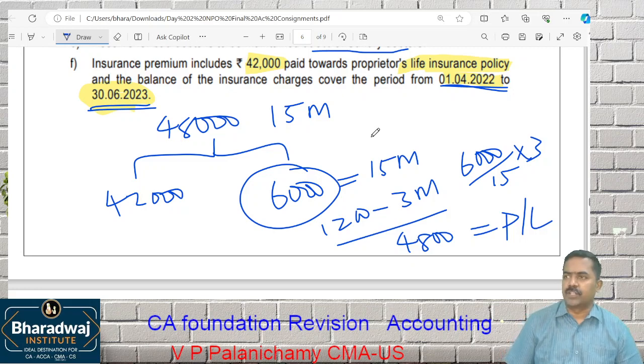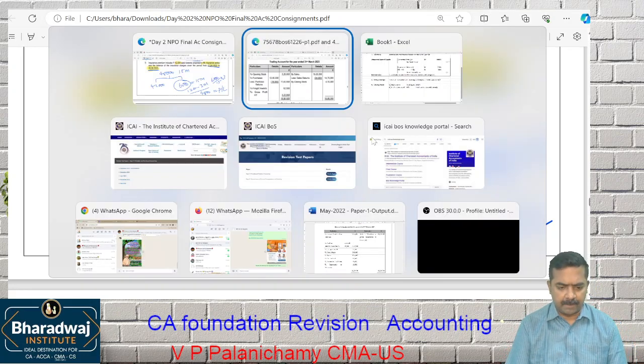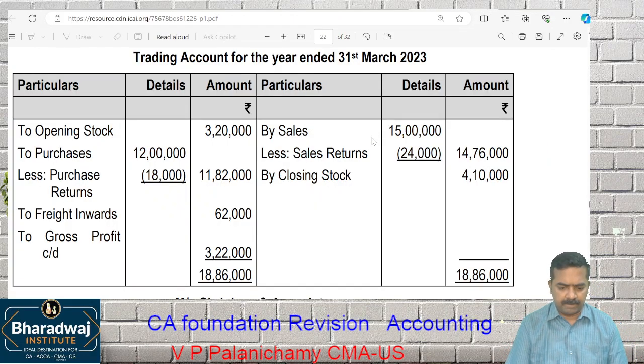Any answer for gross profit? 2 lakh? 70? Opening stock how much? 3 lakh 20. Purchase minus returns? 11,82,000.